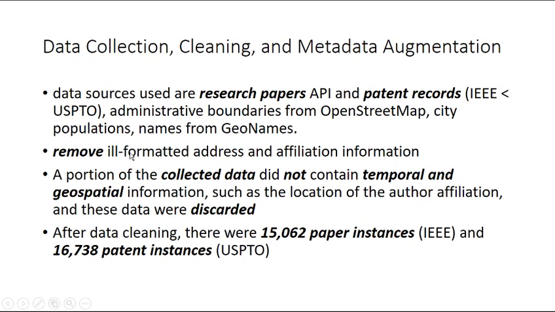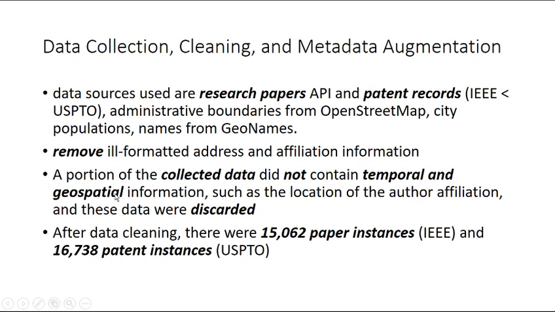We will remove ill-formatted addresses, like if the address mentioned in the paper is not correct or not in the structure which we want, it will be removed. And also affiliation information, like if a person X wrote a paper and is affiliated to a company, that information will be removed from our data sets to protect the identity or confidentiality of the writer of the papers or the patent records.